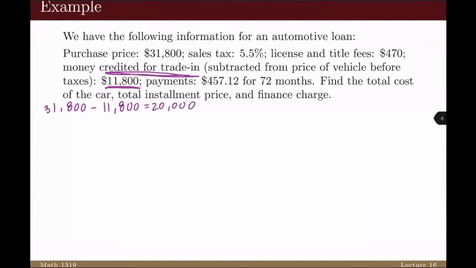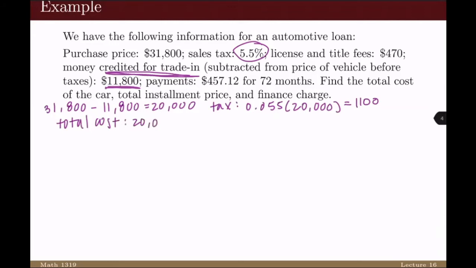And then we have our tax, which is going to be 0.055 times 20,000, which is equal to 1,100. So then our total cost of the car is going to be 20,000 plus 1,100 plus our licensing and title fees that we had to pay at the point of purchase.